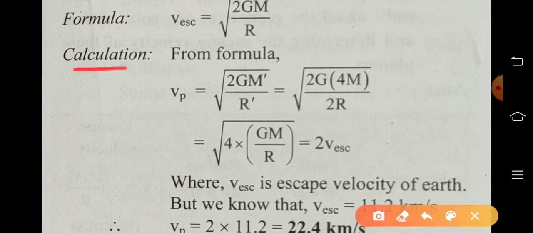Now calculation or solution. Now by using above formula, now we are writing about the what? Escape velocity of planet. So we are mentioning Vp is equal to square root of, so this is related to the Earth. Now we are writing about the planet. So G, we are mentioning m dash upon r dash.